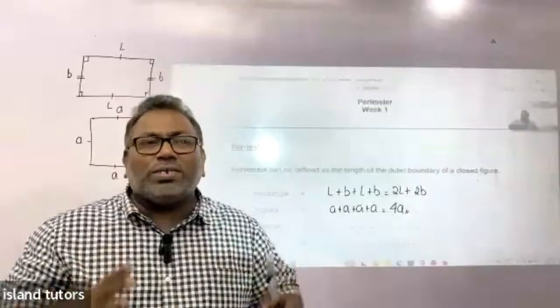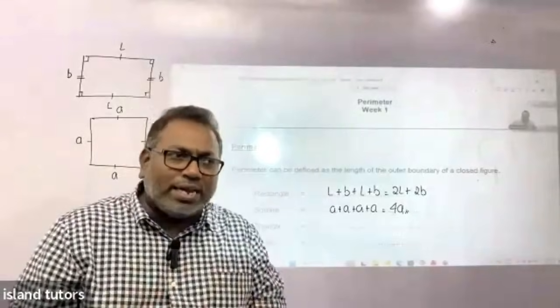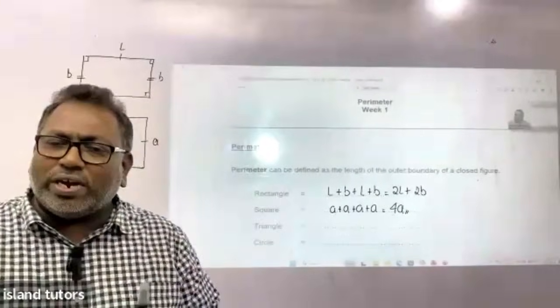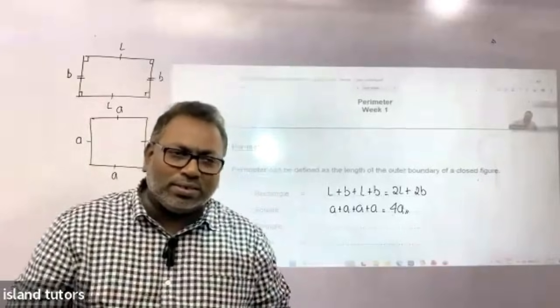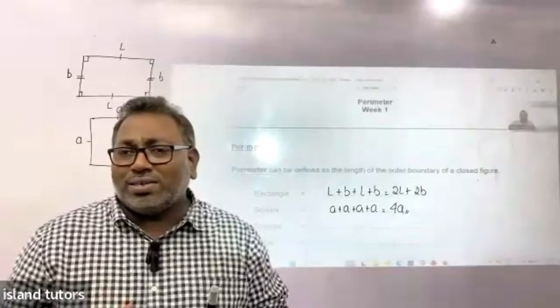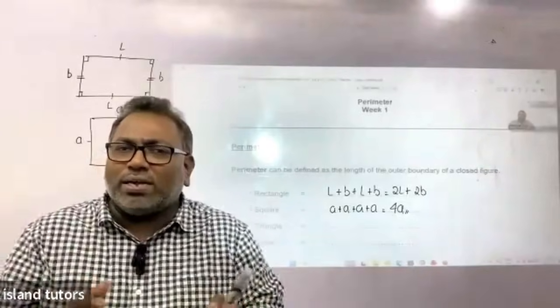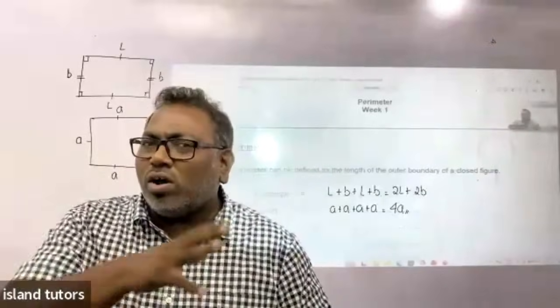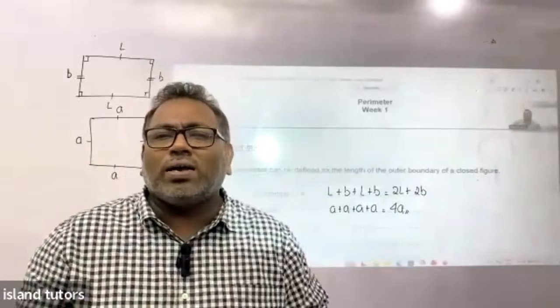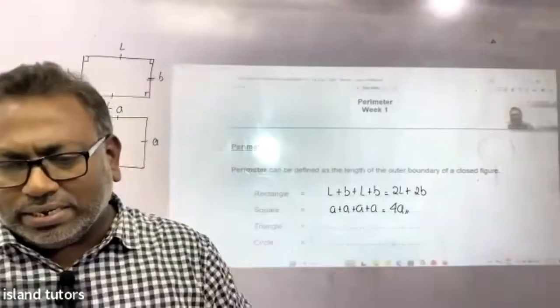Triangles with none of the sides equal are scalene triangles. According to angles: a right angle triangle has one 90-degree angle. Then a triangle with acute angles has all angles acute, between 0 and 90 degrees.